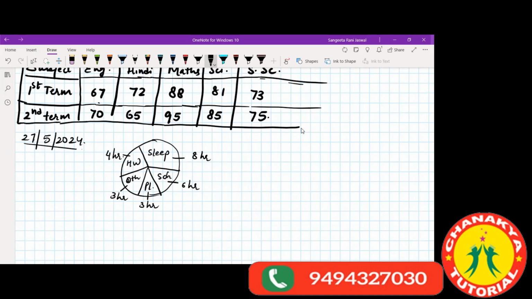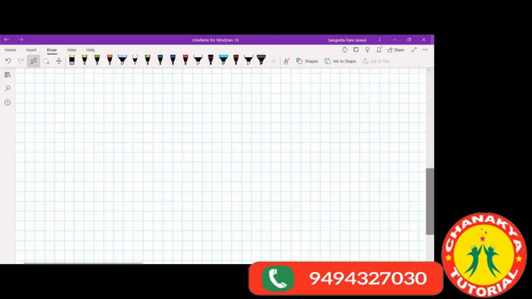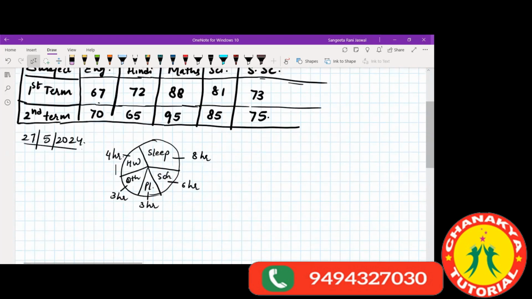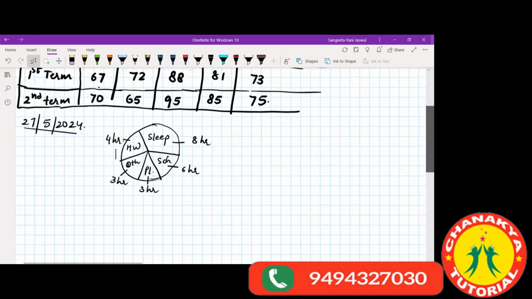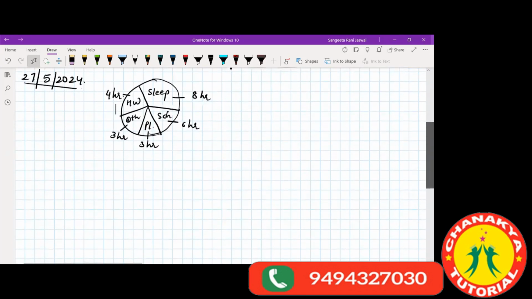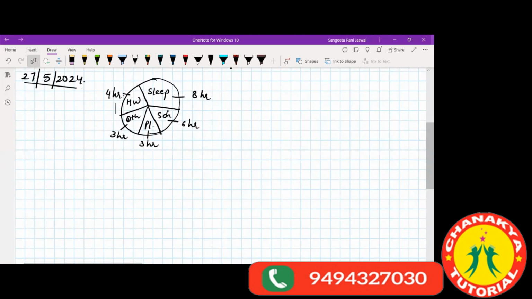Now let's make a tabular form of this. So our table will be like this.